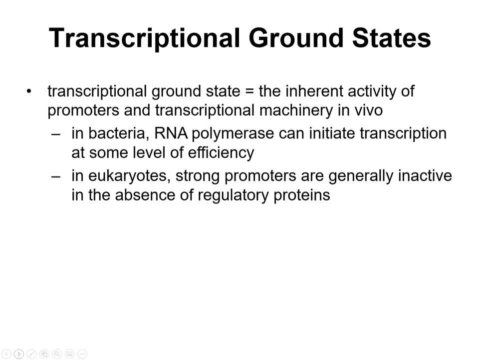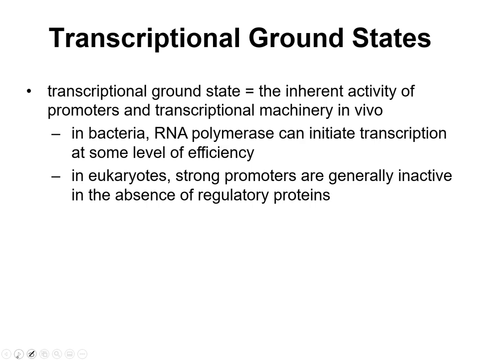We got to talk about transcriptional ground states. What that means is the inherent activity of a promoter and all the transcriptional machinery in vivo. In bacteria, RNA polymerase can pretty much initiate transcription at some level on everything, everywhere. But in eukaryotes, strong promoters are generally inactive without regulatory proteins.